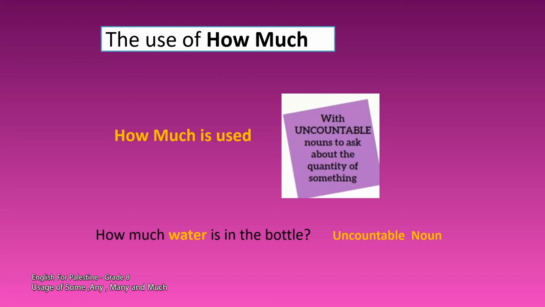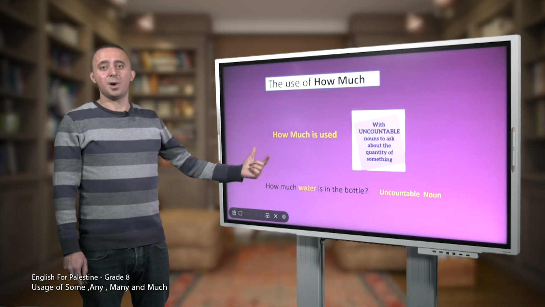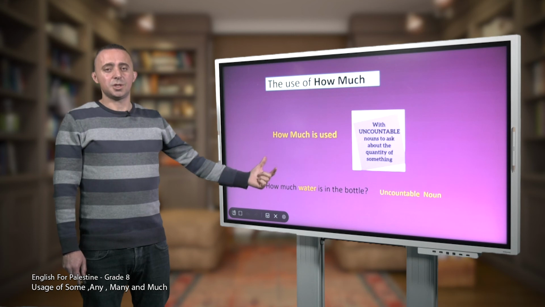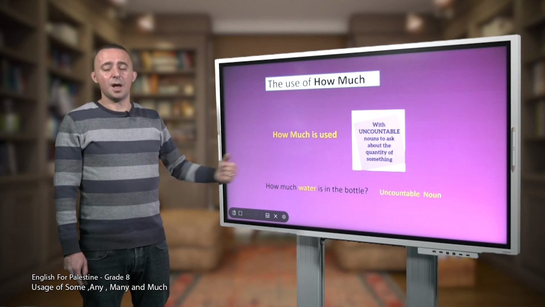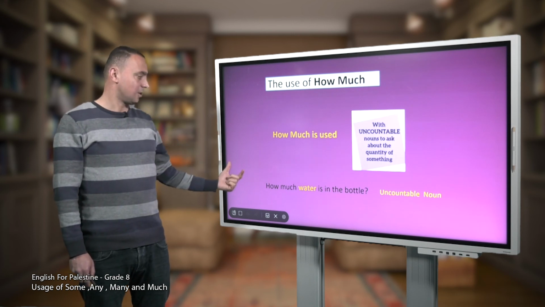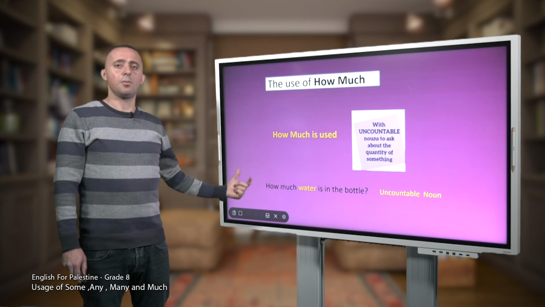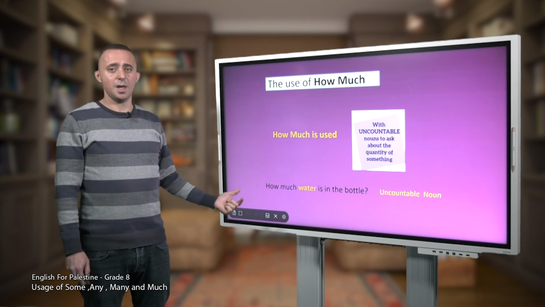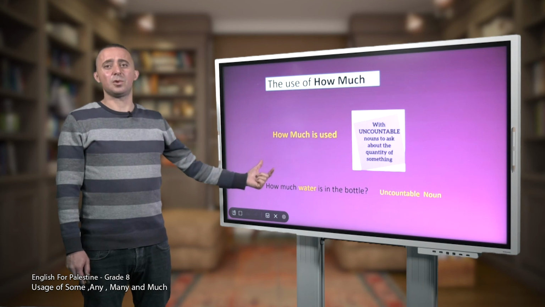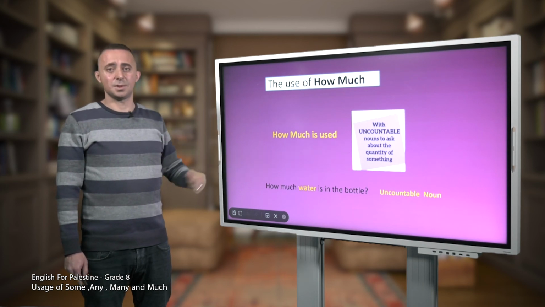How much water is in this bottle? Notice how much is followed by water, which is an uncountable noun. We don't say how many water, we say how much water. Why? Because how much should be followed by uncountable nouns.